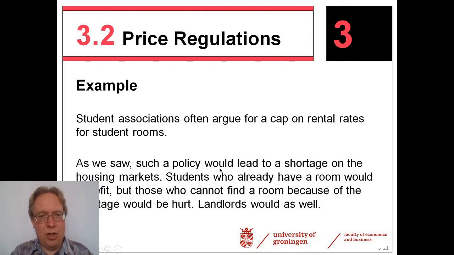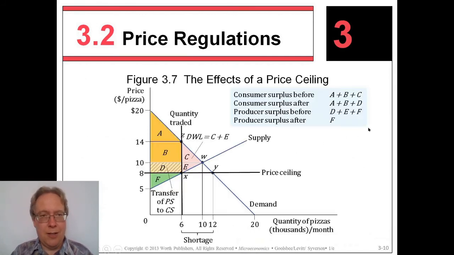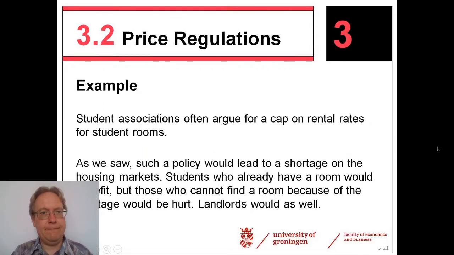What will happen is that such a policy would lead to a shortage on the housing markets. Students who already have a room would benefit simply because there's this transfer from producers to consumers. But those who cannot find a room because of the shortages would be hurt, and landlords would be hurt as well. That's completely similar to the pizza example that we had there.